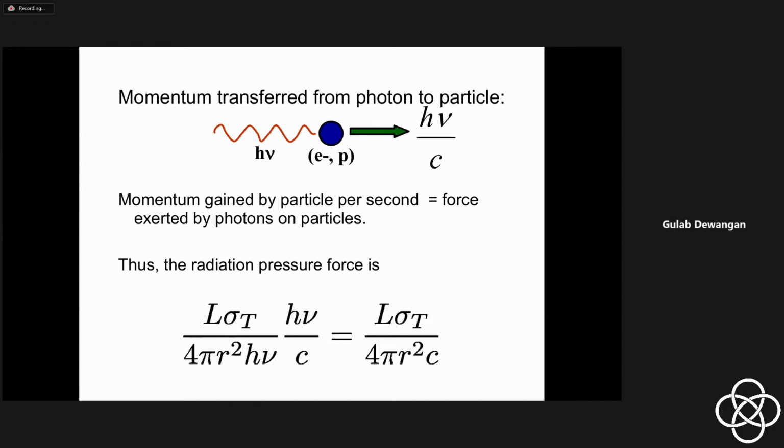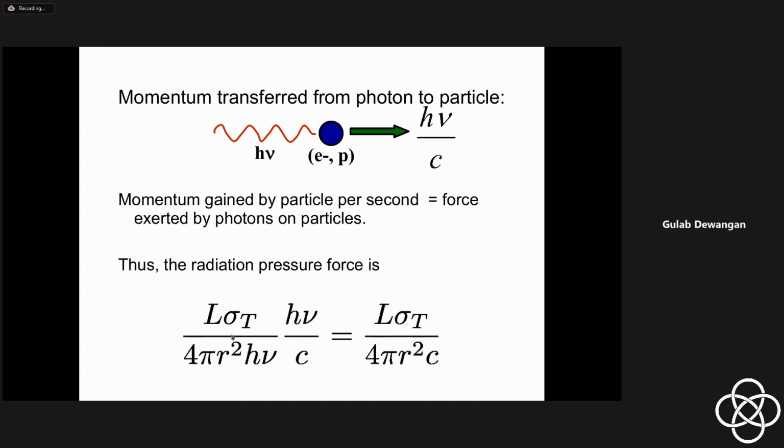So here is the radiation pressure force. How we derived this formula was not there in yesterday's presentation. So L by 4 pi r square is essentially the flux crossing a radius r, where L is the luminosity from the compact object.